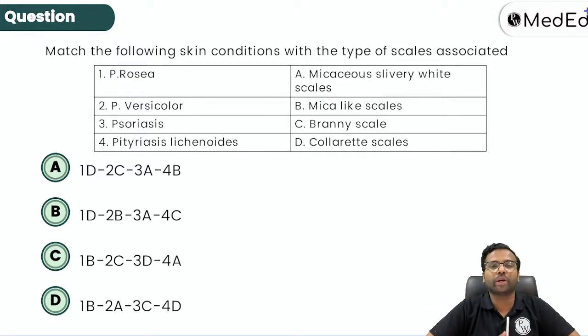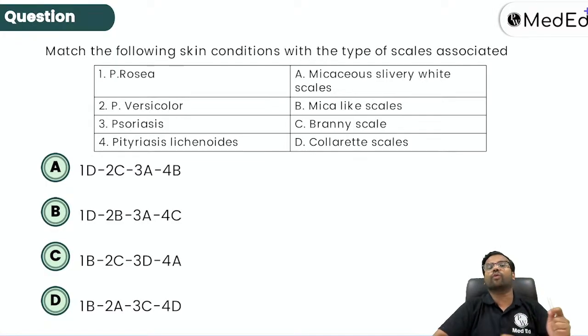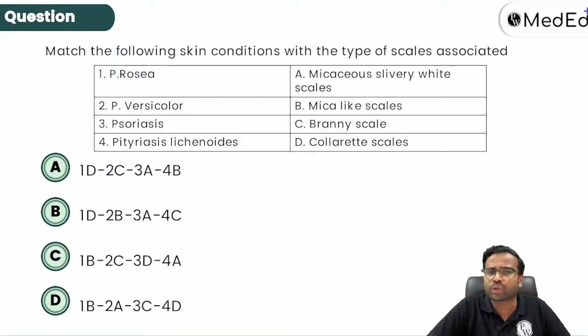So what would be your usual approach whenever you see this kind of question? Just go for the disease which you know very well. Let's say psoriasis, most of you would know it, isn't it? In psoriasis, what is the kind of scaling that you have learned? You must have learned about silvery white scaling, right?